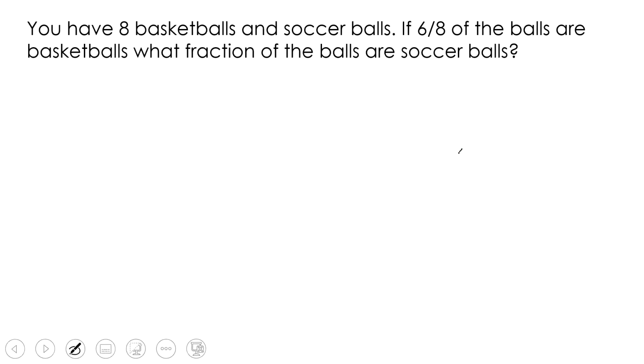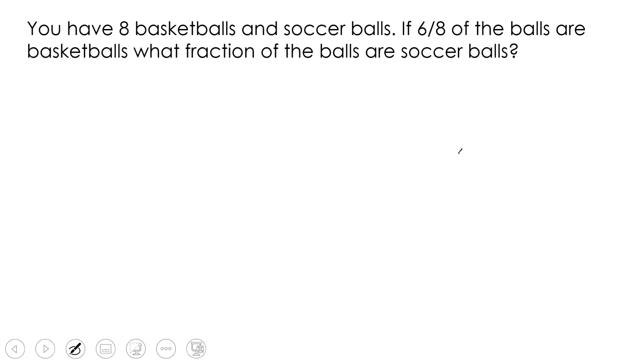So let's try this last one. And again, I want you to pause and see if you could figure this one out on your own, and then I'll show you how I did it. You have 8 basketballs and soccer balls. If 6/8 of the balls are basketballs, what fraction of the balls are soccer balls?